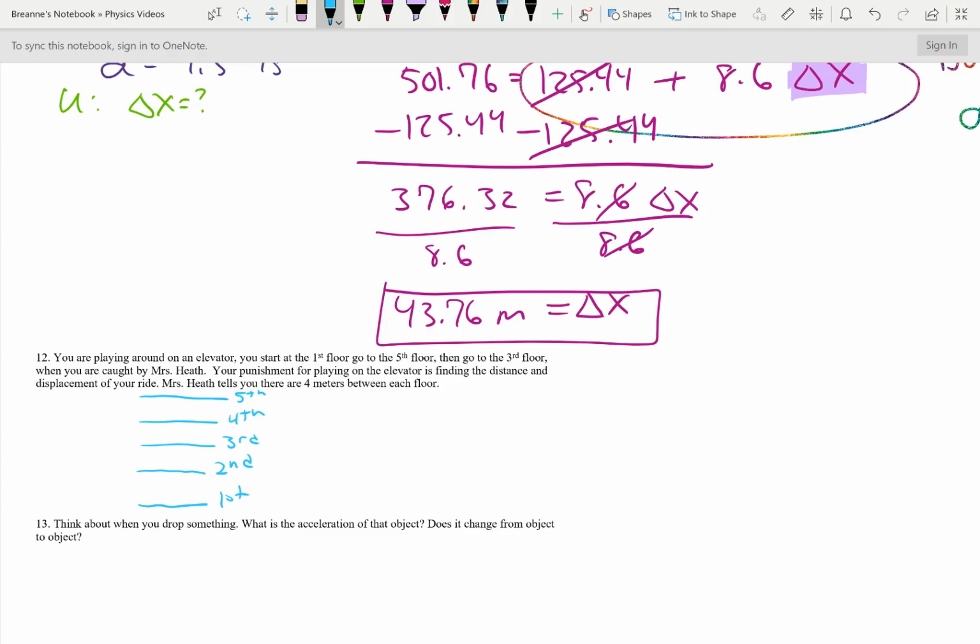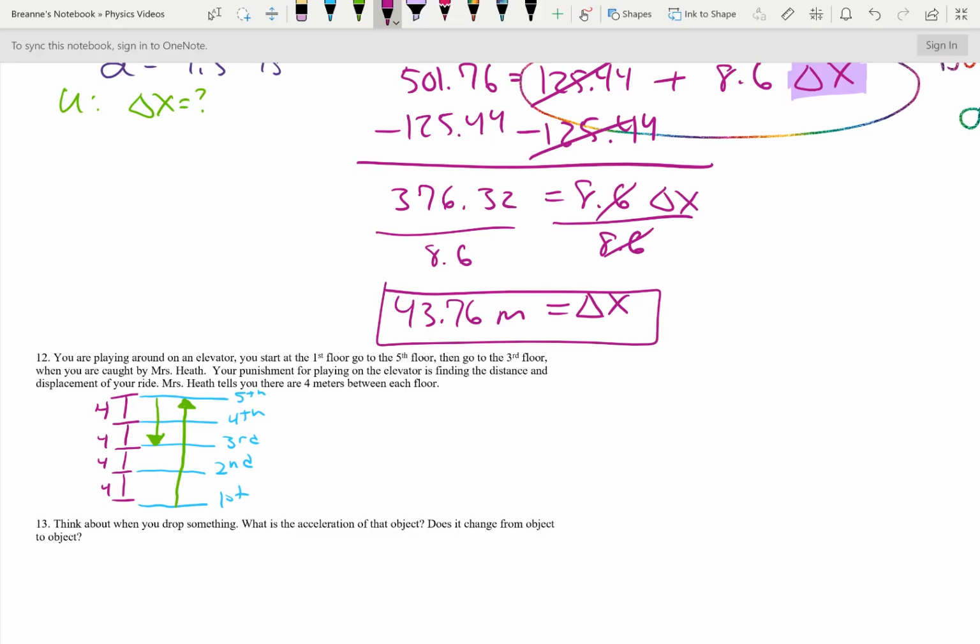So you travel from 1st to 5th, and then you travel from 5th to 3rd. Each little section is 4 meters.